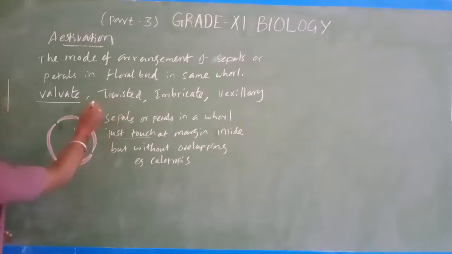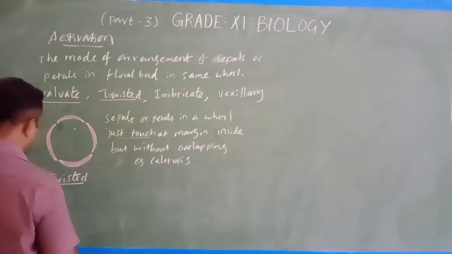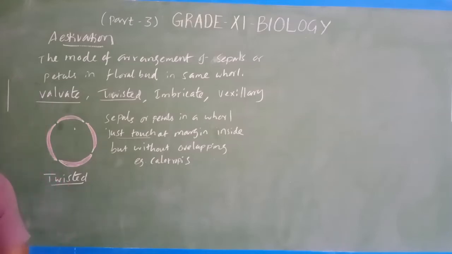The next one, twisted. Twisted is the second type. In the second type we have overlapping.